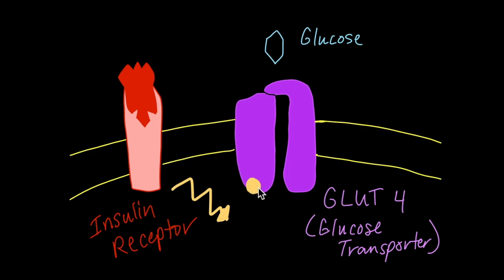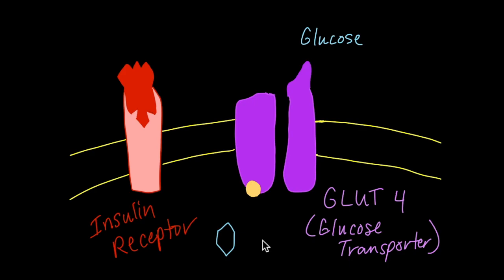When this ligand attaches, the protein changes shape and opens up, allowing glucose to enter the cell. The one depicted here is the GLUT4 glucose transporter, but there are a couple of different iterations of this kind of model in eukaryotes. When blood sugar is high, insulin is what enables the sugar to enter into the cell.